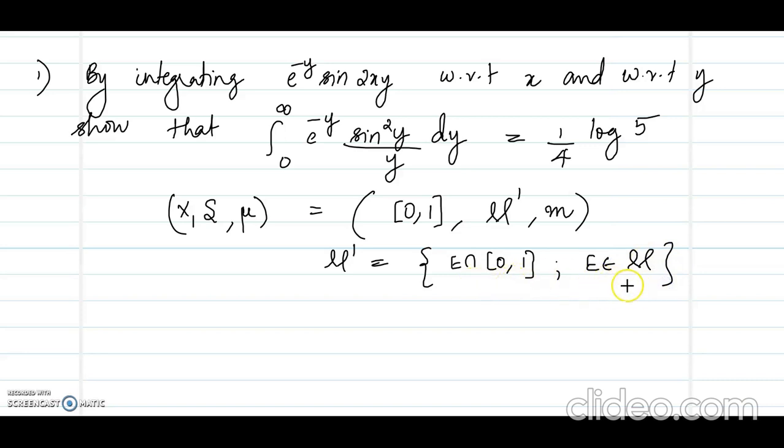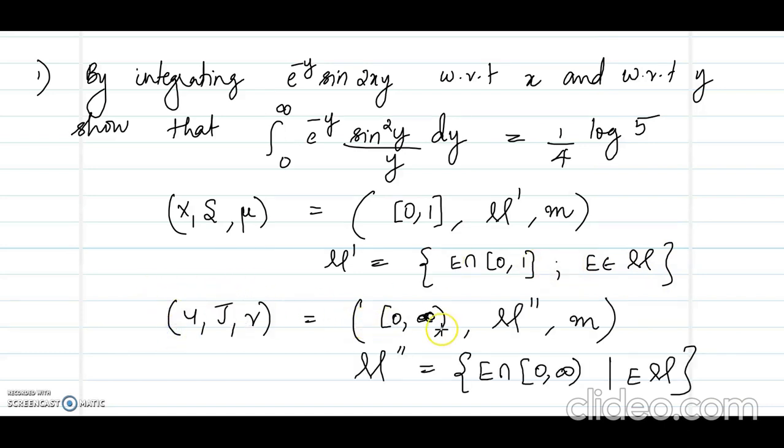So that is the intersection of all measurable sets with closed interval 0 1. Script j r will be closed interval 0 to infinity, m double dash. So m double dash will be all e intersection interval 0 to infinity where e belongs to script m. Now we have f of xy as e raised to minus y sin 2xy.